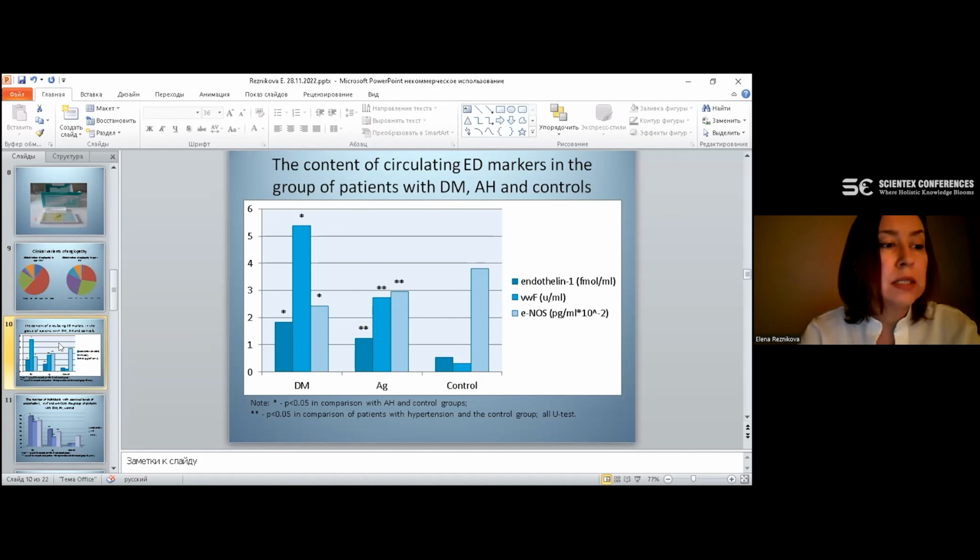However, they were significantly lower than in those with diabetes mellitus. The decrease in the level of NO synthase in patients with diabetes mellitus was significantly different from the indicators both in the group of patients with hypertension and in healthy individuals.